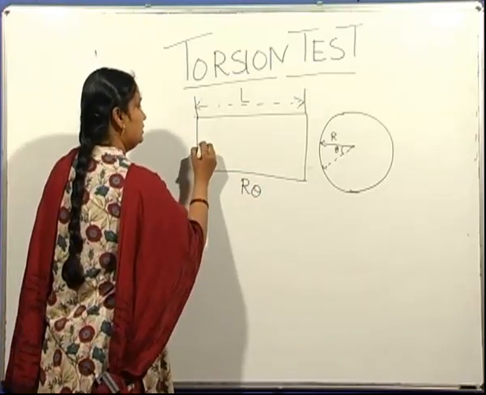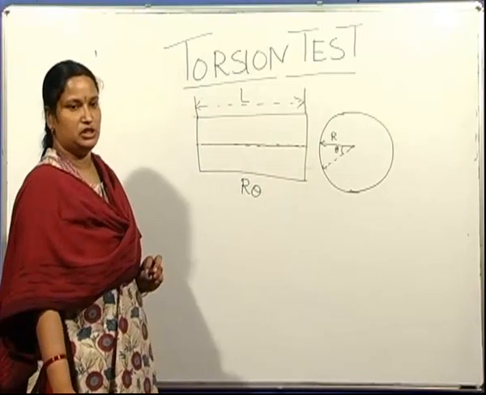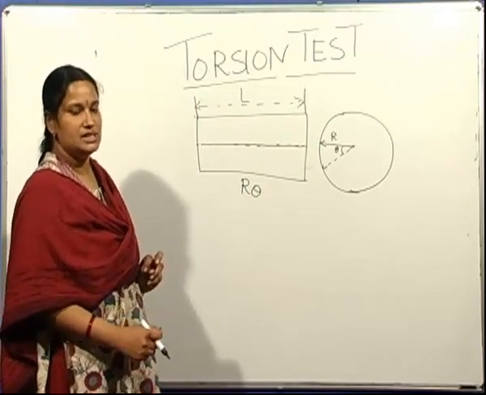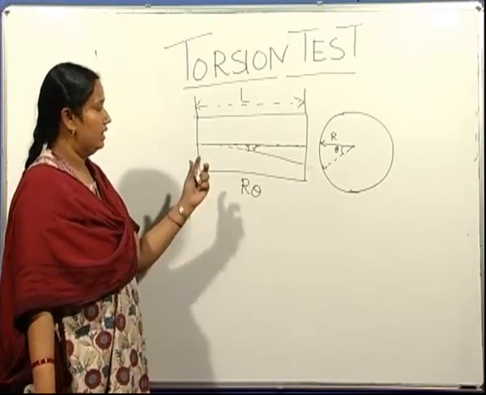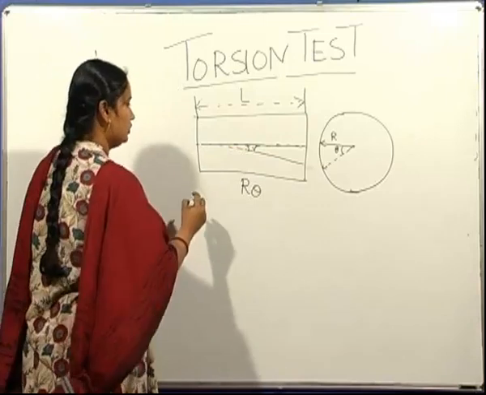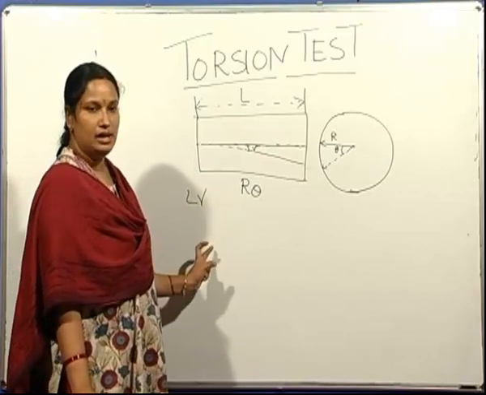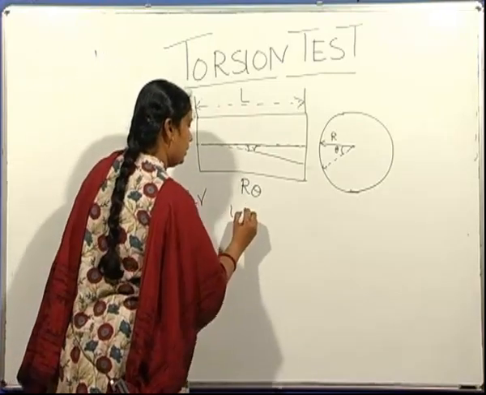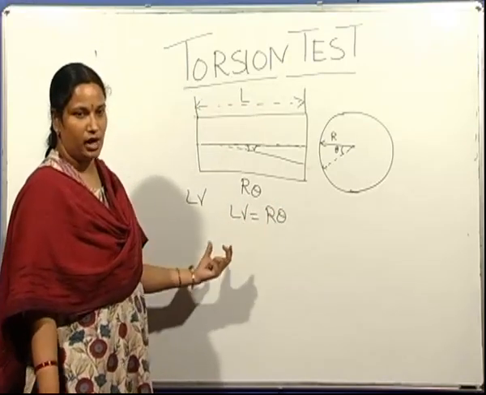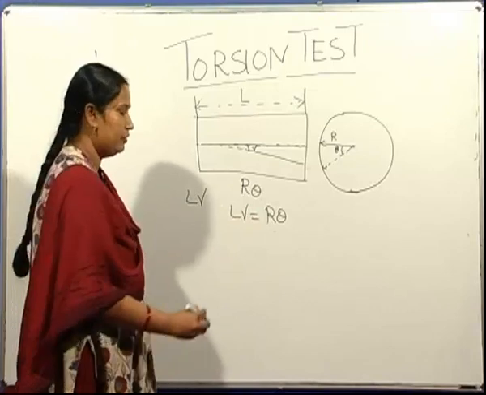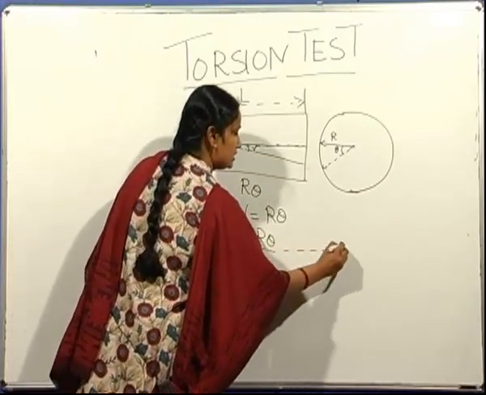Now imagine a line drawn parallel to the axis; under the twisting moment, this line displaces through an angle gamma, so this length of arc is equal to L gamma. Assuming that both these lengths of arcs are equal, L gamma is equal to r theta. We have gamma is equal to r theta by L. So this is one equation.